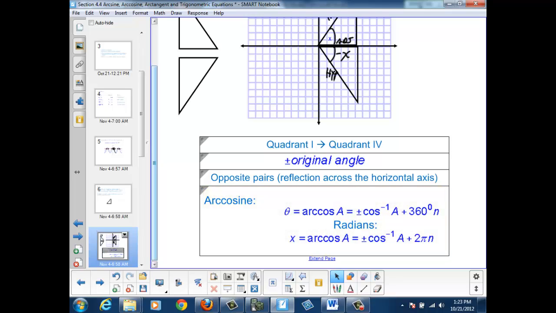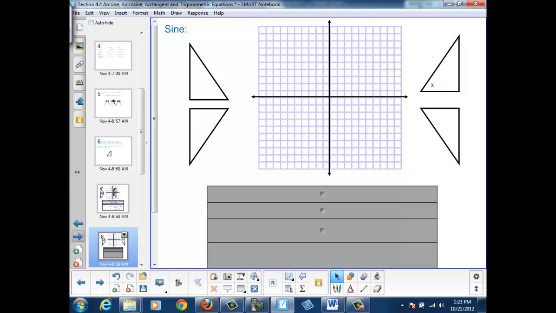Let's look at the sine function. Here, if I bring in my original reference triangle with an angle of x, I need to choose a quadrant where the opposite over hypotenuse will produce the same value or ratio for the angle.